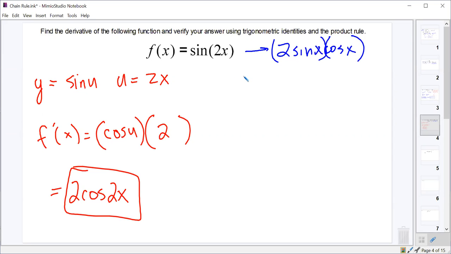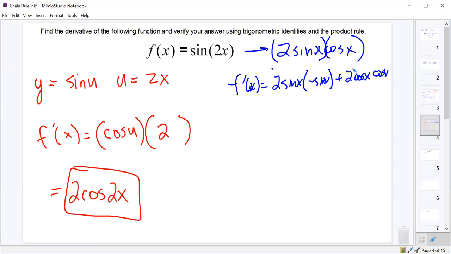So we'd have the derivative equal to 2 sine of x times the derivative of cosine, which is negative sine, plus 2 cosine x, which is the derivative of 2 sine x, times cosine x.